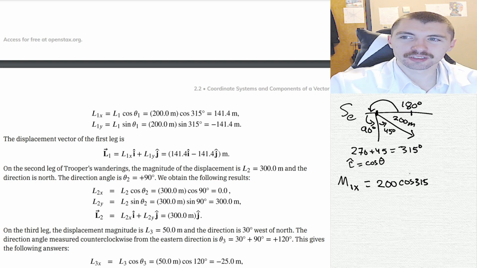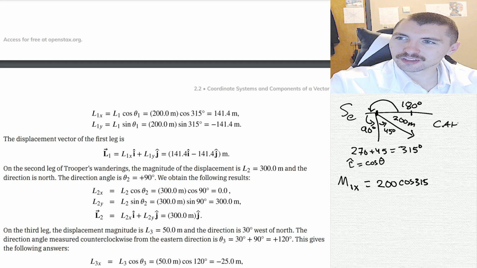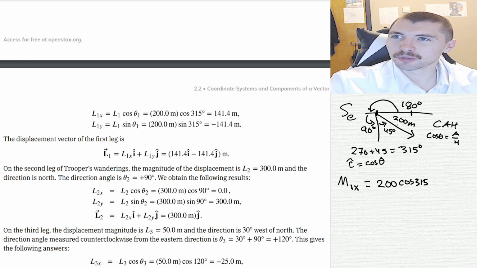So it's saying 200 times this direction is your x component. See, so cosine. Why are you taking cosine? Cosine is adjacent over hypotenuse. So we're trying to find the adjacent.